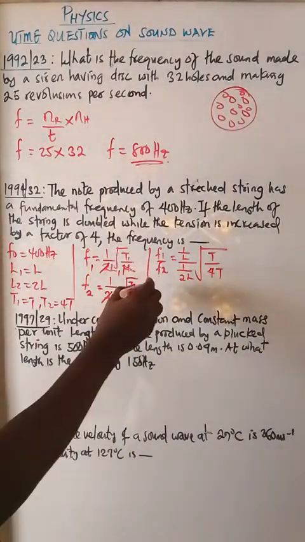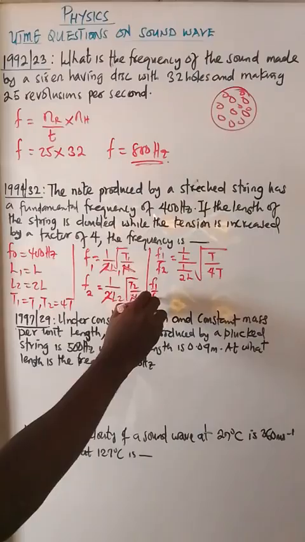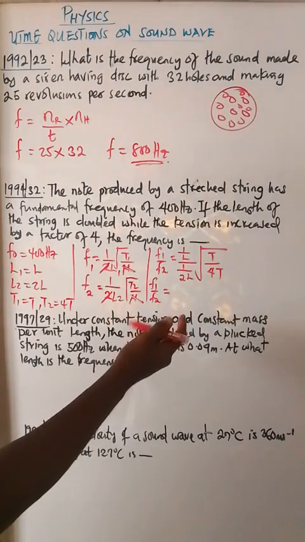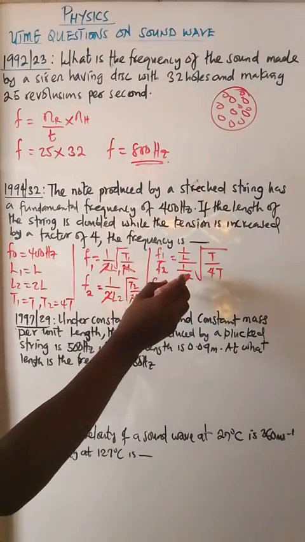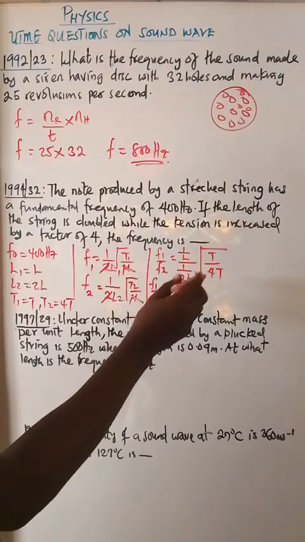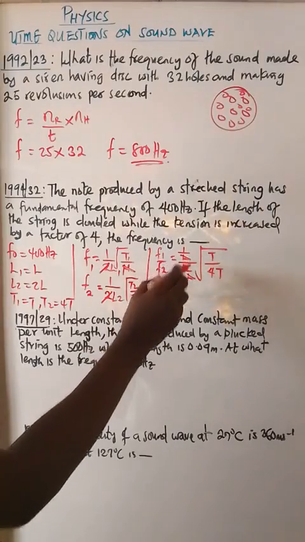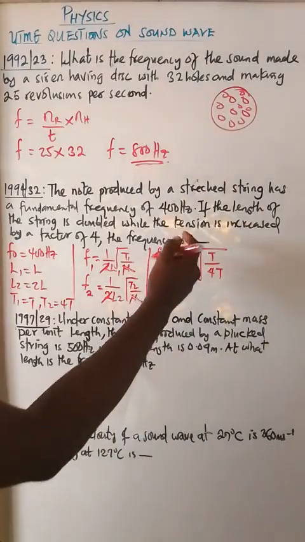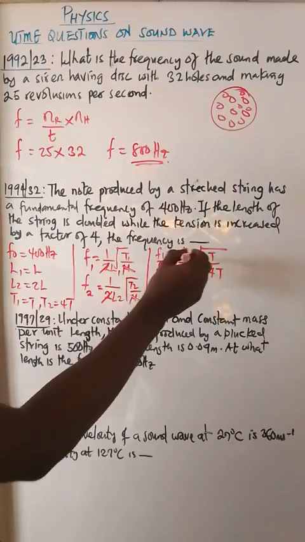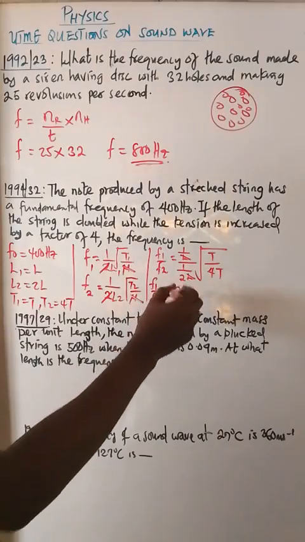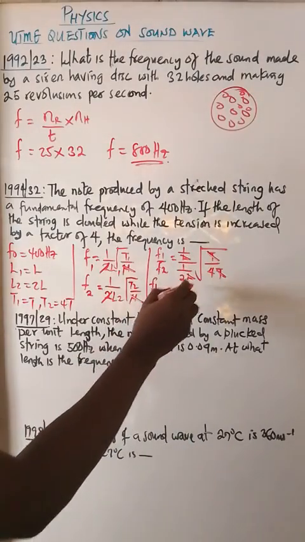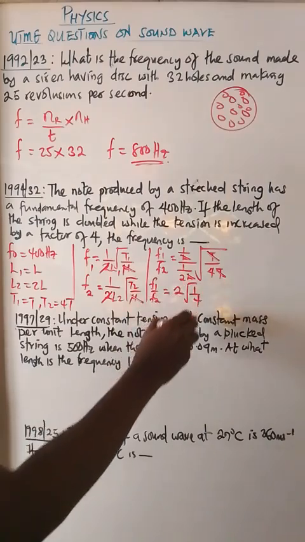So if you simplify this one, F1 over F2 becomes, this L here will cancel this L. So 1 over a half is 2. Then from here, T cancels T, and I'll have the square root of 1 over 4.